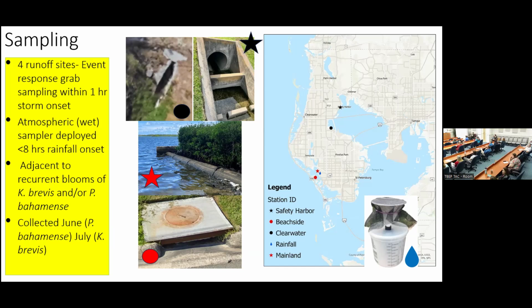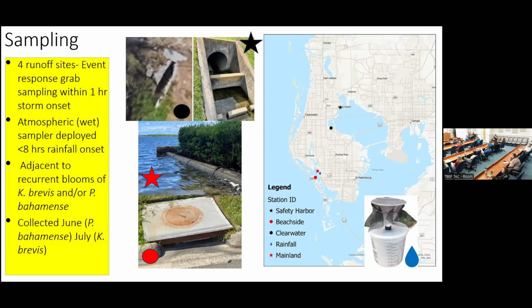One in Treasure Island, which is on the beach side. It's a finger island development. And that was collected as water runoff went into a curb inlet and exited directly into Boca Ciega Bay. We also sampled a mainland runoff source from this outfall that you can see in the middle. And that was during low tide to prevent any contribution from Boca Ciega Bay.